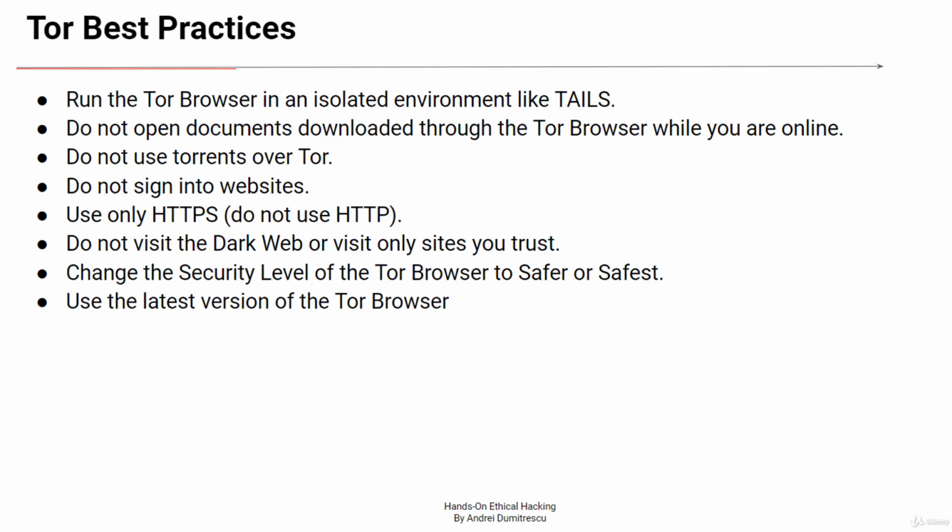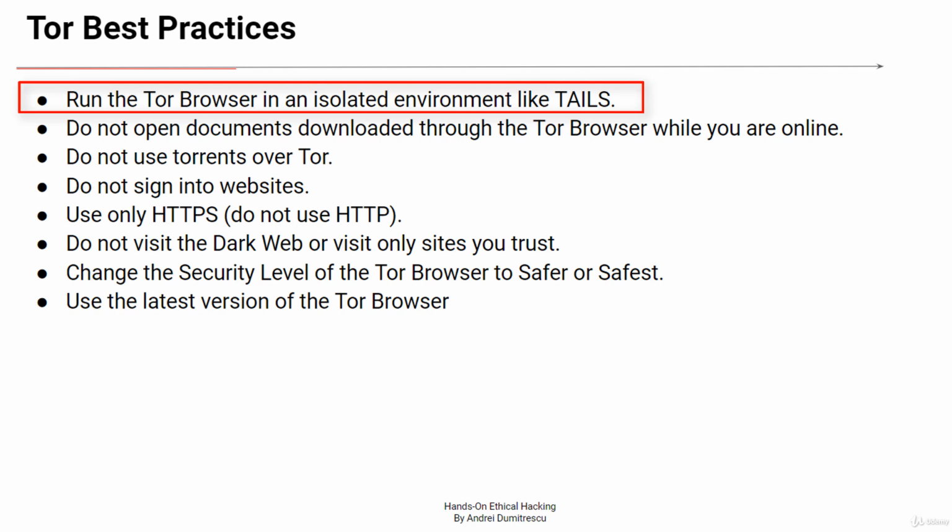Let's see what are the best practices when using Tor so that you don't expose yourself to vulnerabilities and exploits that could compromise your identity, privacy, or your device. In my opinion, one of the biggest problems with Tor is the traffic isolation, which means sensitive traffic that is transmitted outside the Tor network.